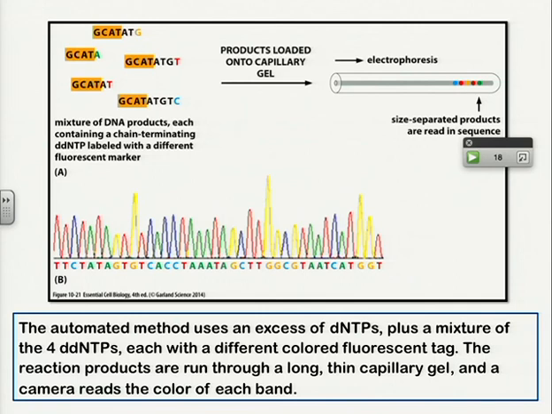They're running through as a function of size. The smallest ones come out first, the largest ones come out last. So it's all automated, and it's reading the color of each band that comes off and converting it into something that looks like this. It's a chromatogram, and you can just look at it and see how nicely you can see each nucleotide one after another.